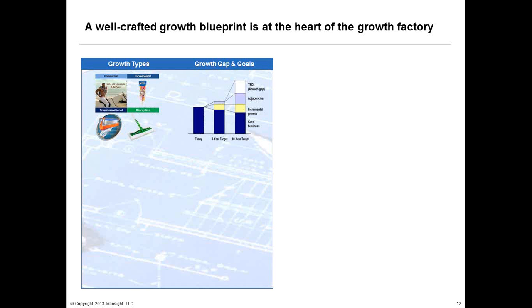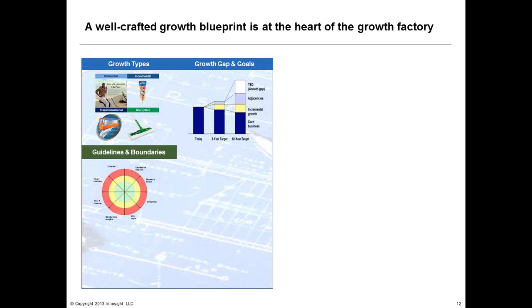And this is often an exercise that results in the elucidation of what we call a growth gap, because you'll find that your projections, your actual targets for, say, 10 years out, when you map against them the identifiable sources of growth in these different types, especially in your core business, they'll fall short of your actual goals. And so you'll need to then fill that gap with other types of growth that you'll define and manage.